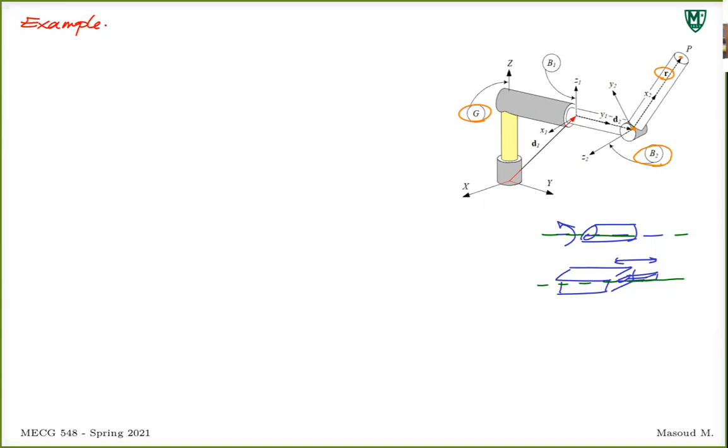So in general form, let's just do a simple procedure. Let's say the position of P, that's at the end of this last link, in frame x2, y2, z2, so it's represented in B2, is r p in B2.